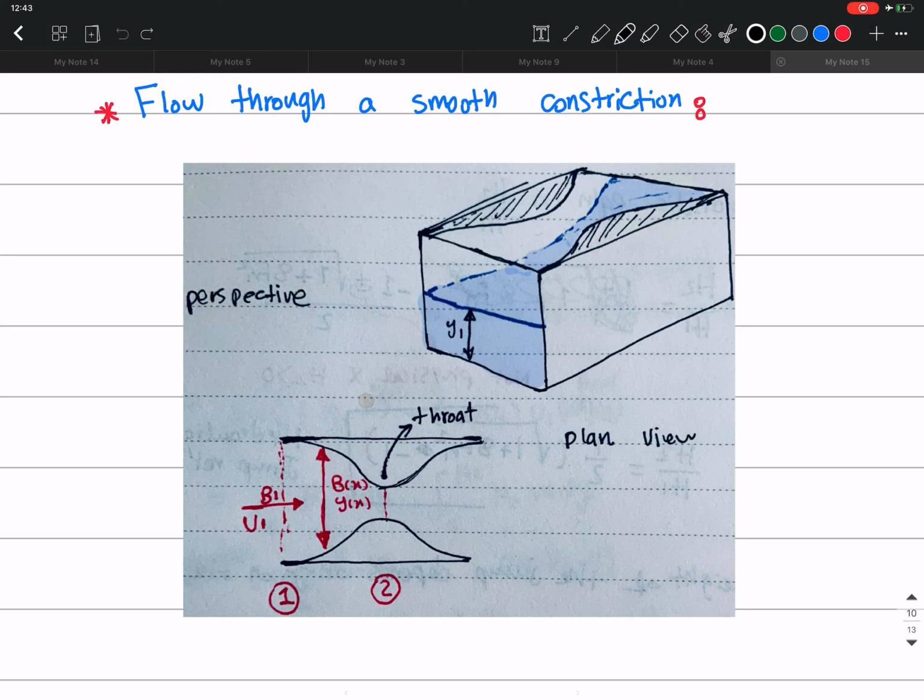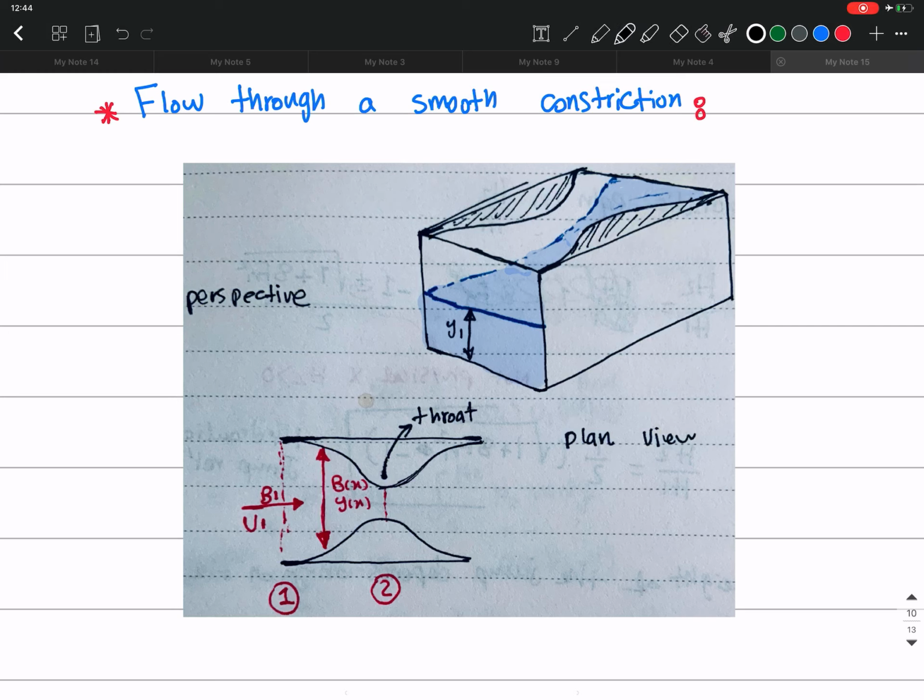From top view it is contracting, and then we have water that enters from here at section 1 with velocity u1, where the width of the channel is b1.